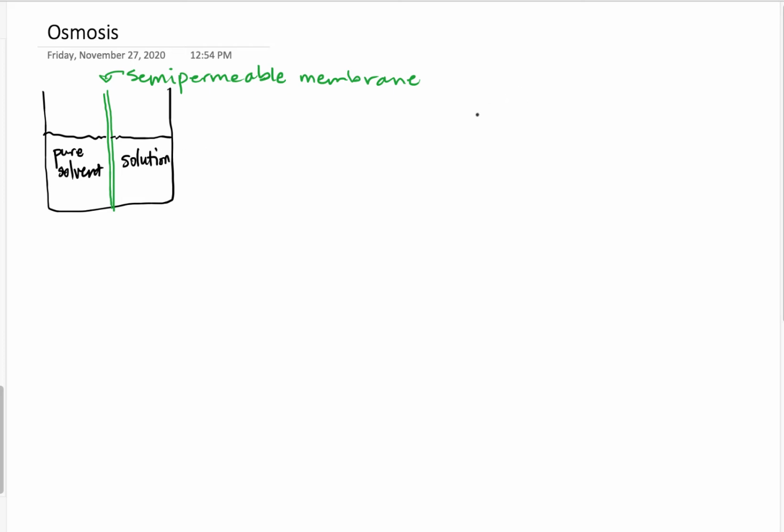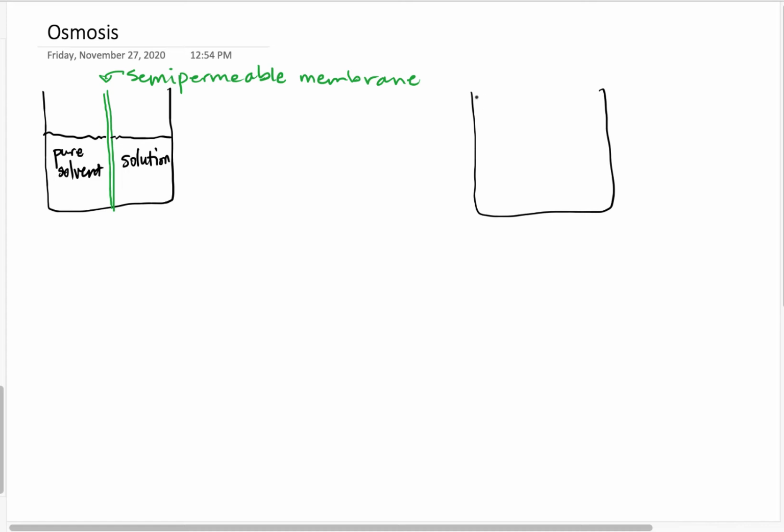So a physical analogy that you might think of would be, this would be a very strange scenario to set up, but let's say that you had a soup pot or something like that, and you took a sieve or a piece of cheesecloth or something and you put it in the middle. I guess we'll make it green for our semi-permeable membrane as well. So here's our cheesecloth.